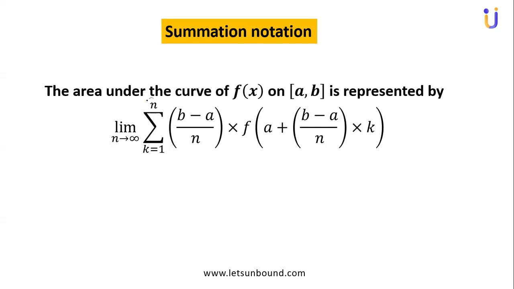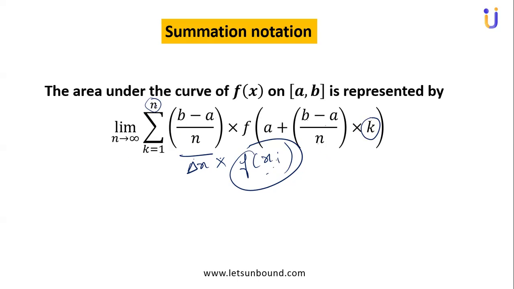So k goes from 1 to any number that we wish. And del x times f of xi, and this is crucial, because it depends upon whatever we are working with. So we change everything into a, b form. So del x is (b minus a) divided by n. And for this, it's f of xi, which is a plus (b minus a) by n times k. So k tells which interval you are working in. So a plus del x times k, right?